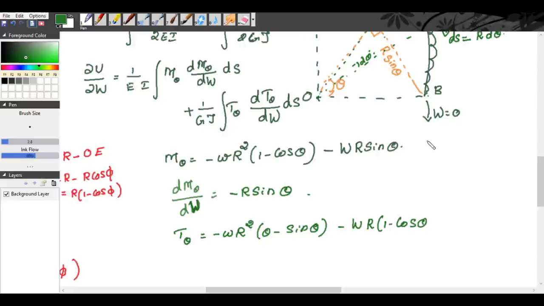Also we know ds is equal to R into d theta. Now we will substitute these values in this equation.